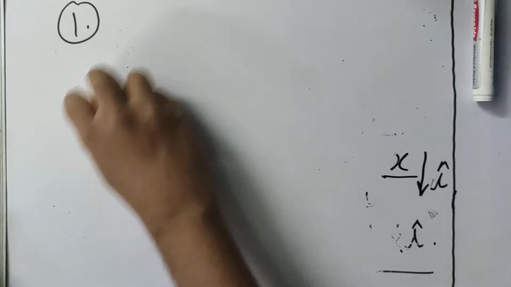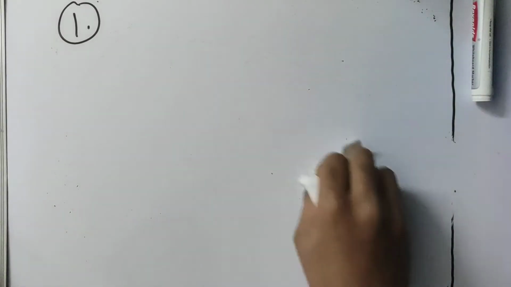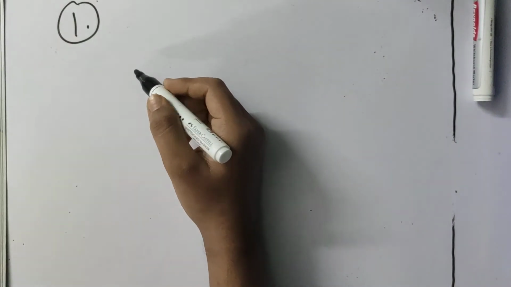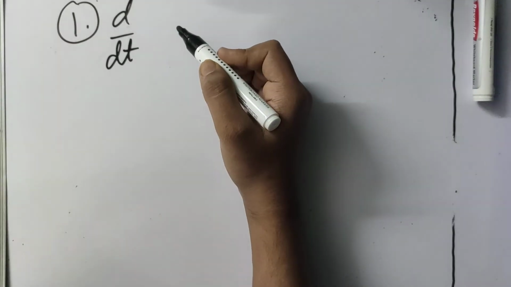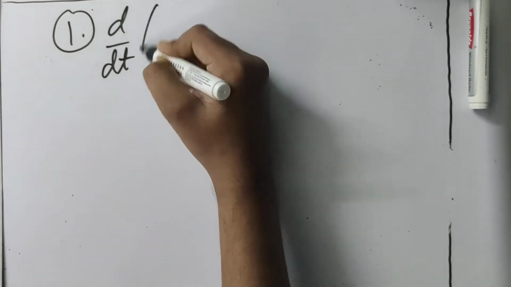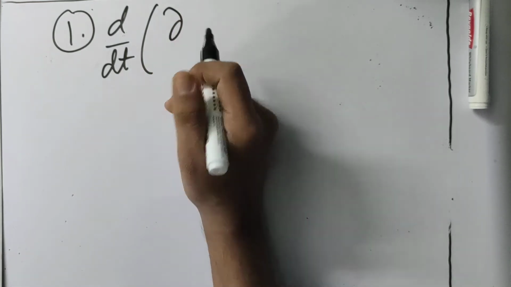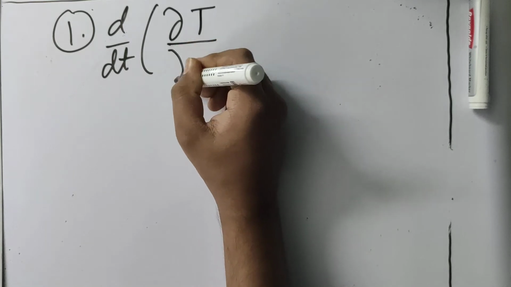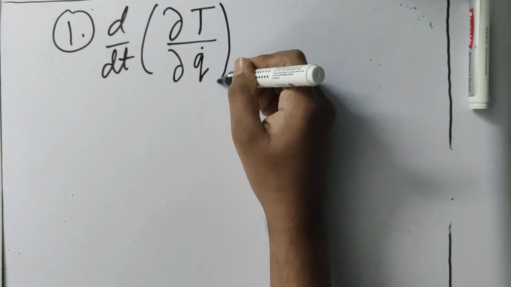So 1 is basically d by dt of the partial of T with respect to partial of q dot i.